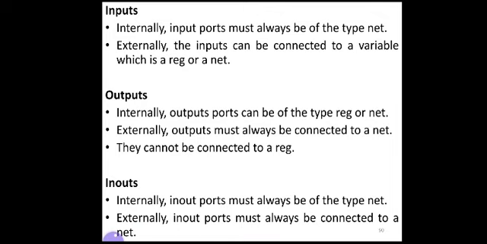Externally, the inputs can be connected to a variable, which can be a register type, that is reg, or it can be a wire, that is net. So this is about inputs: internally it should be a net only, and externally it can be a reg or net.